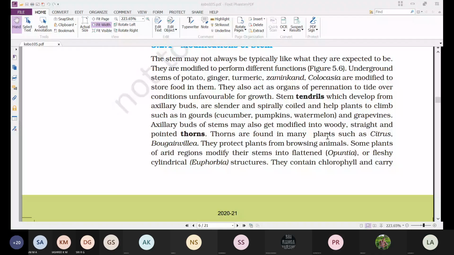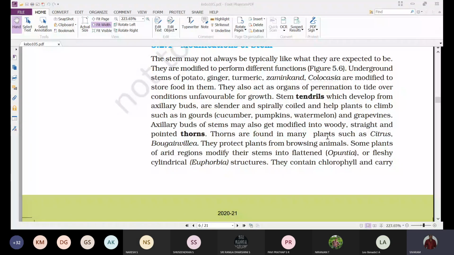But the underground stems in the case of Jamaican and Colocasia grow vertically. They will not grow like turmeric and ginger. They will grow vertically, and this underground stem will store food material and become swollen, and that we call a corm.